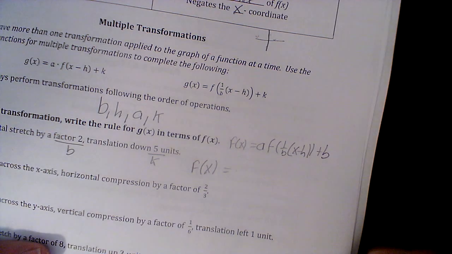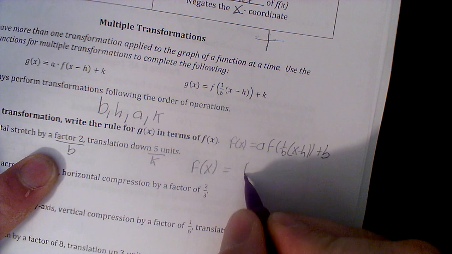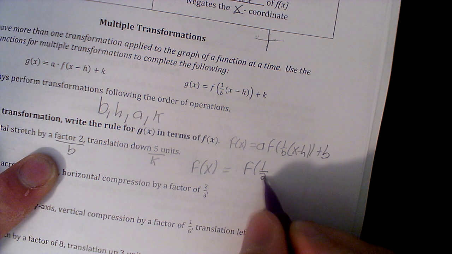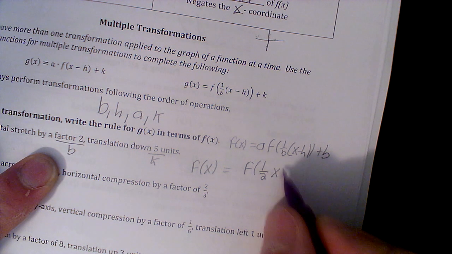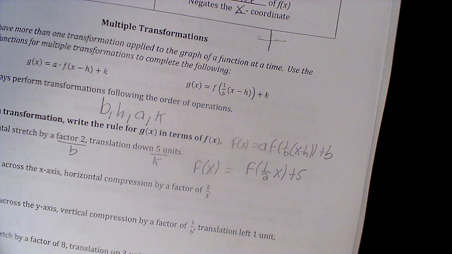And we're going to write it in general terms. So I would say my function, b of 2, 1 over 2, and there is no h, so I'm going to just say x, and then my k is 5, so I go plus 5.